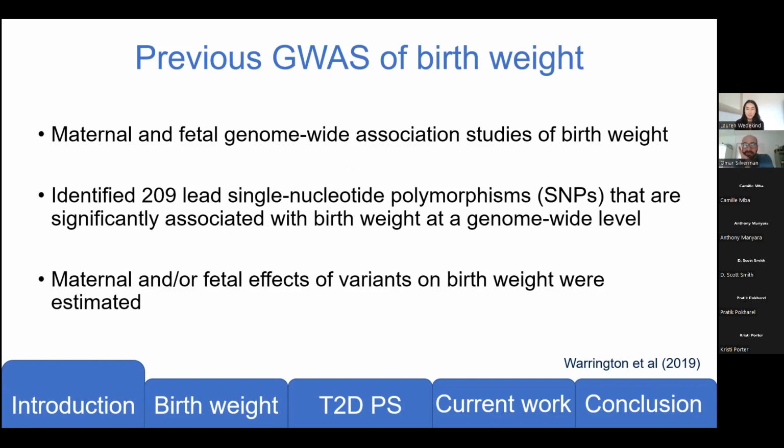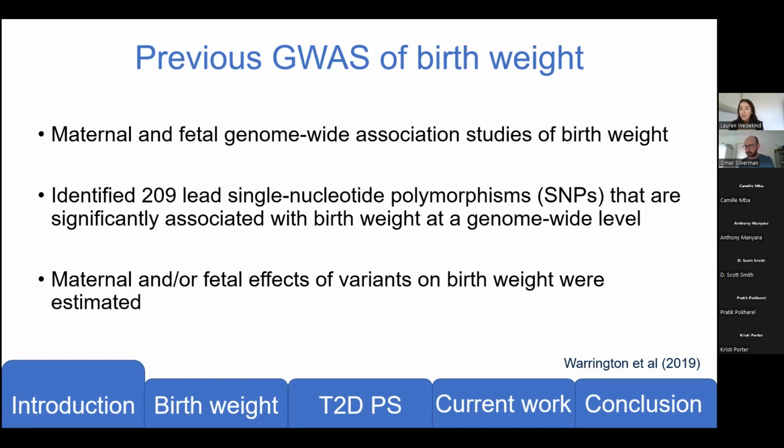And it lets you identify the most significantly associated points in the genome, basically that can vary. So genetic variants or single nucleotide polymorphisms, basically at a single letter in the genome, what points in the genome are associated with a certain trait, like type 2 diabetes or like birth weight.